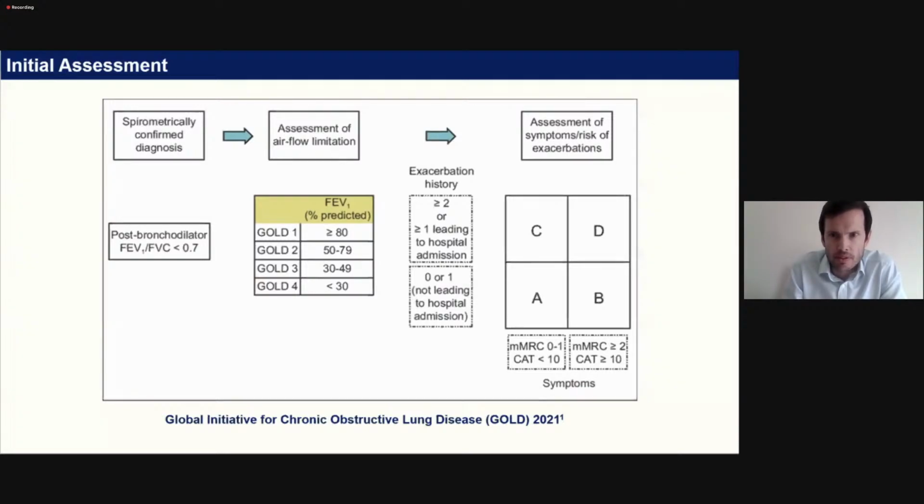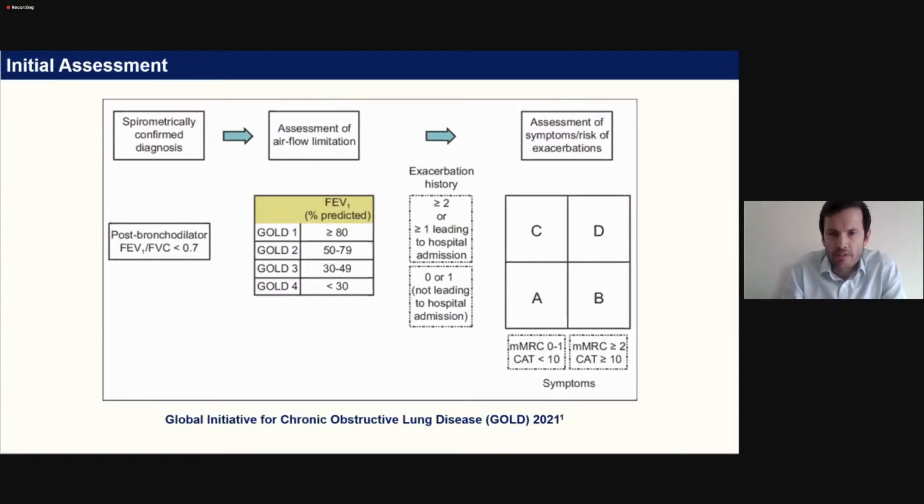The degree of FEV1 impairment, expressed as a percentage of the predicted value, is then used to determine the GOLD stage. So, for example, here we see the initial post-bronchodilator ratio of 0.7, then assessing the level of airflow limitation. And this gives us the stage, which is based on the level of FEV1 impairment. So an FEV1 of greater than or equal to 80% would be GOLD stage 1.